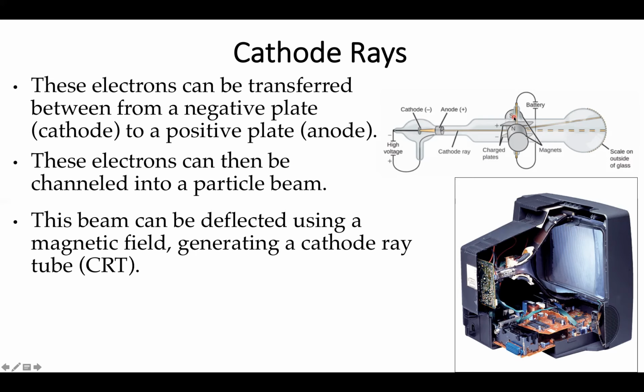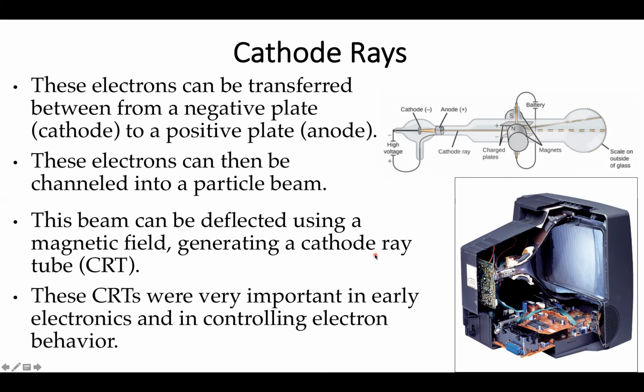This allowed the controlled use of electron beams, often called cathode rays. This was very important in science, but it turns out it's also fairly useful in commercial electronics. If you have seen one of those big old bulky TVs, they essentially use the cathode ray, where you generate an electric field and then send an electron beam through a vacuum tube where it would hit a plate that would turn colors based on the energy of the electron that hit it.